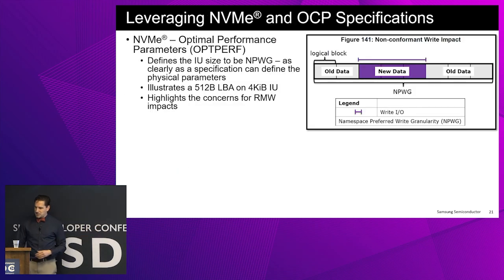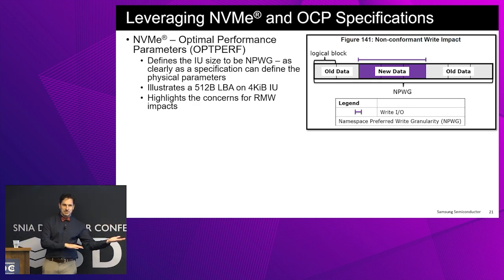So let's look other places. Within NVMe, we already have the parameter from the optimal performance parameters that were standardized there. There is an NPWG parameter that specifications have a challenge. You don't want to speak about the physical things because what happens if it's an HDD shipping with this parameter versus an SSD shipping with this parameter?